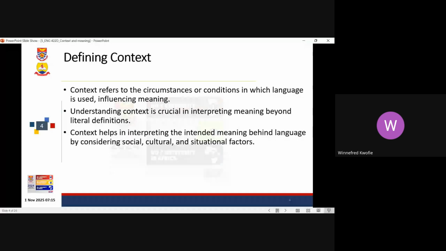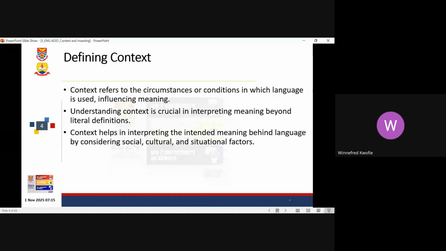So when you talk of context in semantics, what do you mean? We've already talked about polysemous words, and we've seen that some words have multiple meanings. Their meanings will depend on the context within which they are being used. So when you talk of context, we are looking at the circumstances or the conditions in which a language is used.